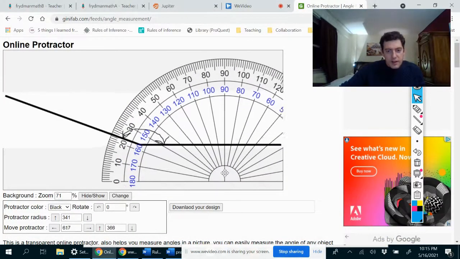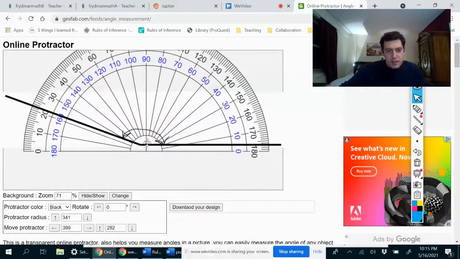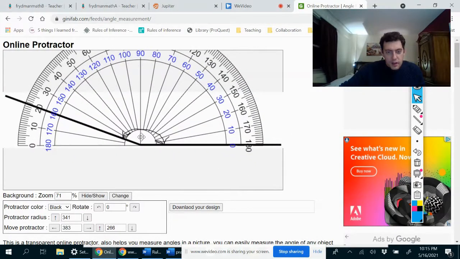We're going to get the vertex line, okay, bottom center part on the vertex. And now this line over here is passing through this 0.